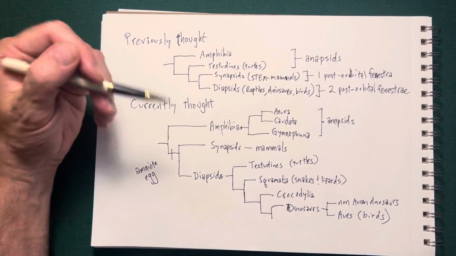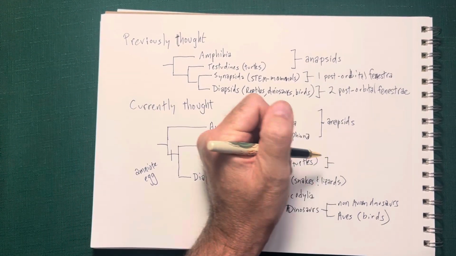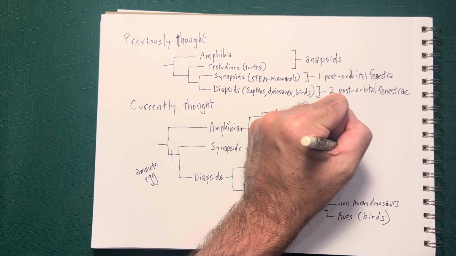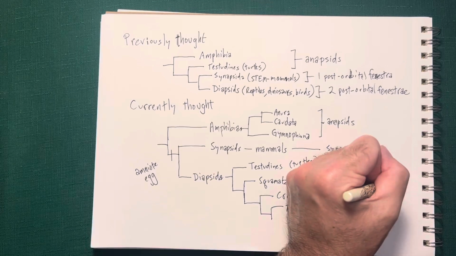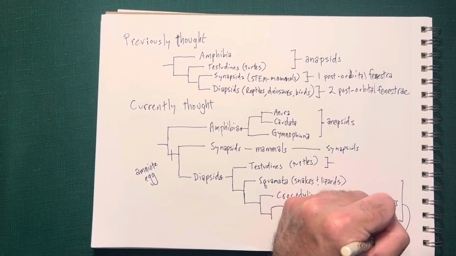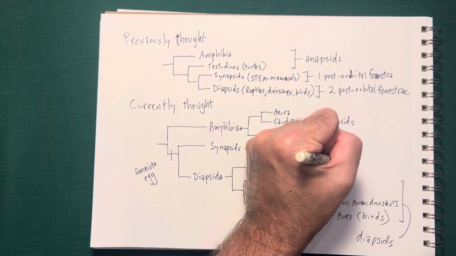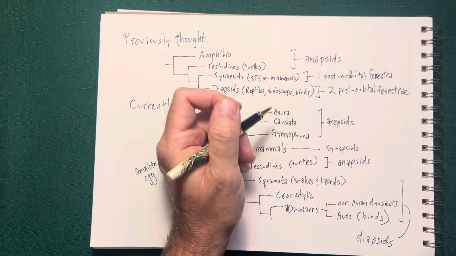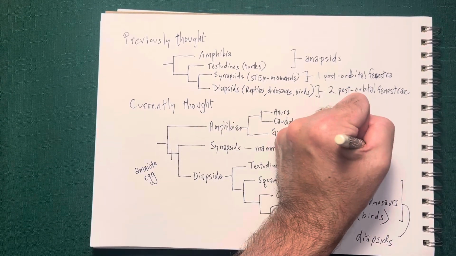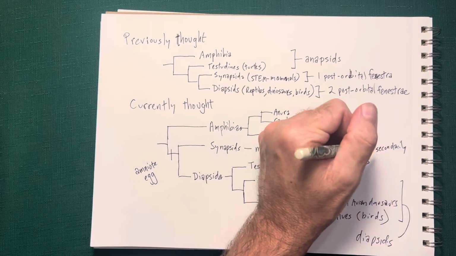Okay, so this tells a different story in terms of skull evolution, because here we've got synapsids. Here we've got diapsids. But turtles are now thought to be secondarily anapsid.